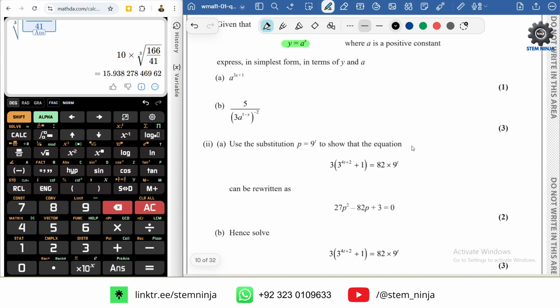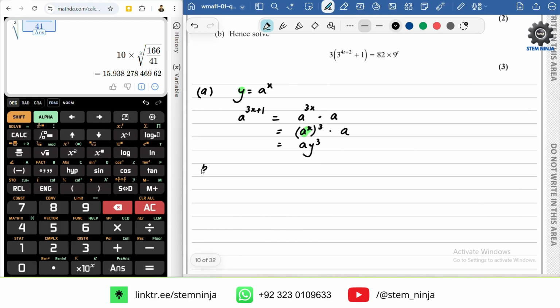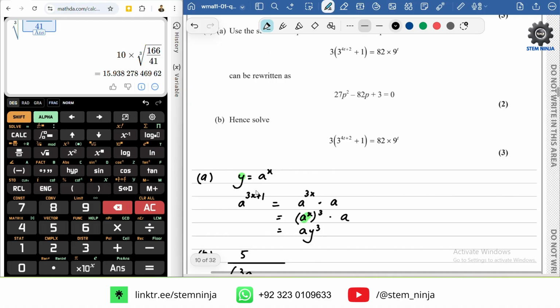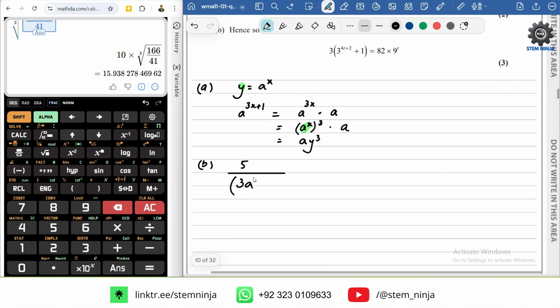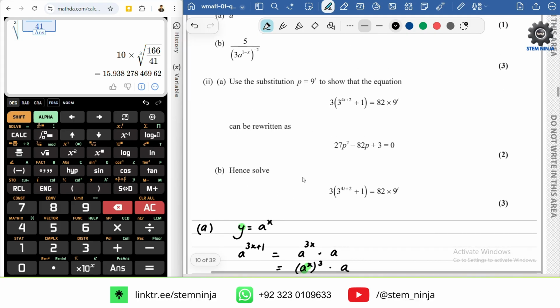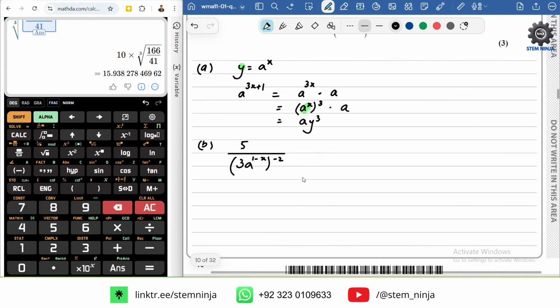Next: 5 over 3a 1 minus x, raised to power minus 2. First off, rewrite it as 5 over 3a 1 minus x, squared.